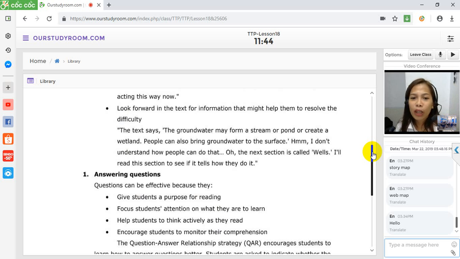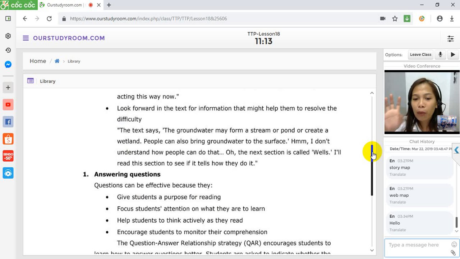Okay, so asking questions to the students helps them understand the story or the things that you are reading. But when students are asked a question, they need a specific and very easy answer so they can understand the story easily.